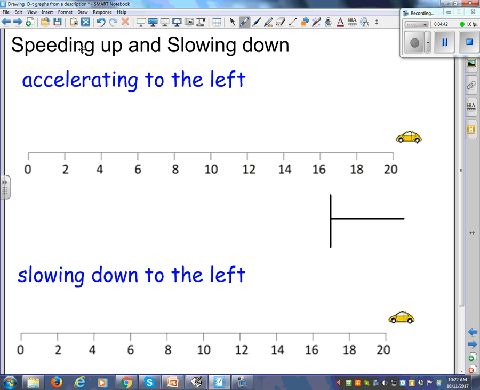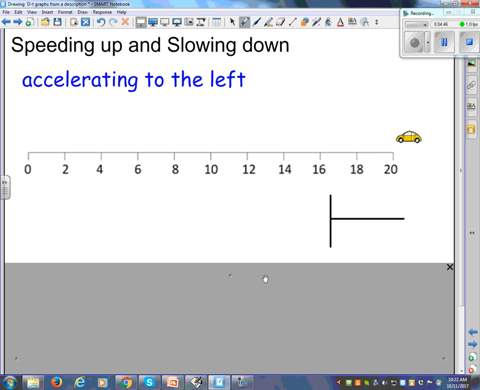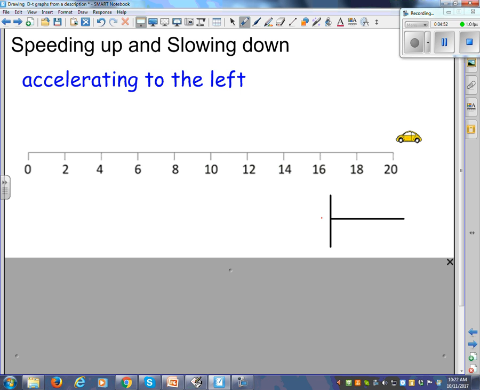Okay. Accelerating to the left. Now you'll notice that I made the graph here now. Before we go anywhere, let's put a little 0 right there, because now I got to deal with negative territory. Accelerating to the left. Speeding up to the left.